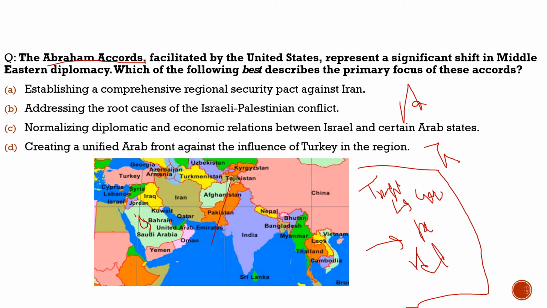So the idea of Trump was to align Saudi Arabia, the UAE, and other like-minded countries with Israel, so that the condition in West Asia would calm down. But that would have happened only if 7 October had not happened.